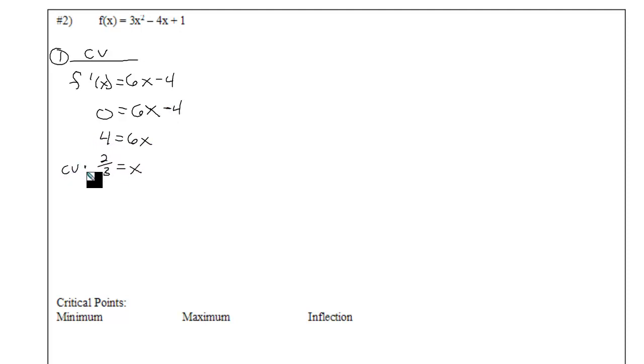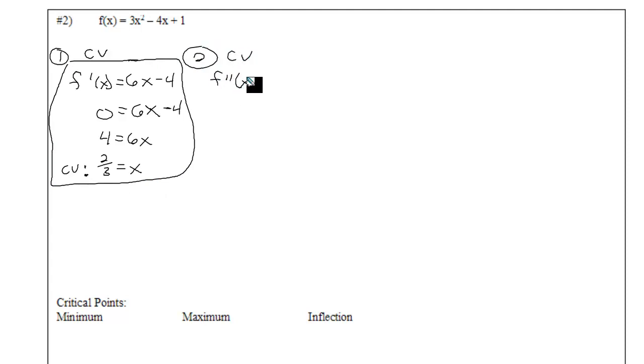With a critical value of 2/3. Second step, find more critical values by taking the second derivative. The derivative of 6x minus 4 is 6. Set it equal to 0. You'll see that 0 does not equal 6.